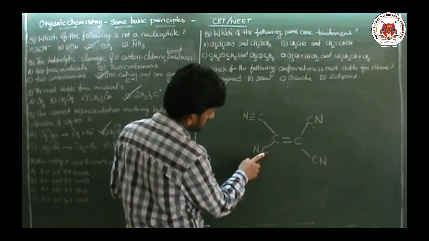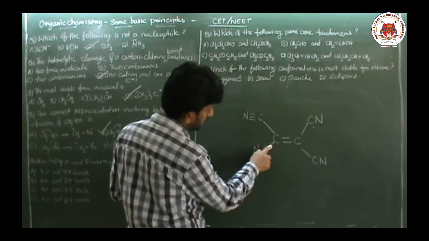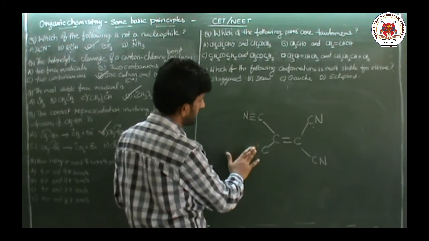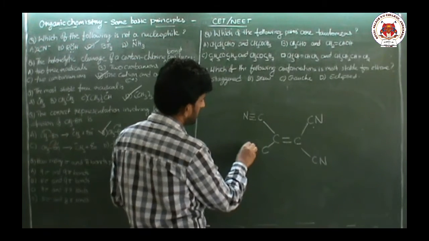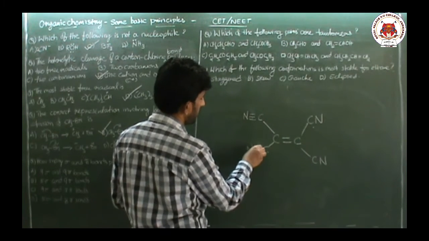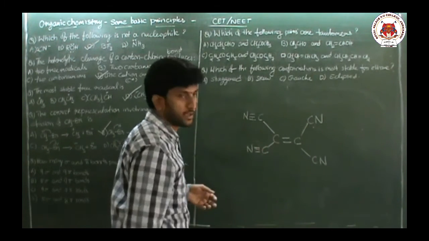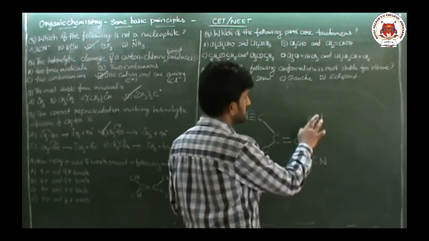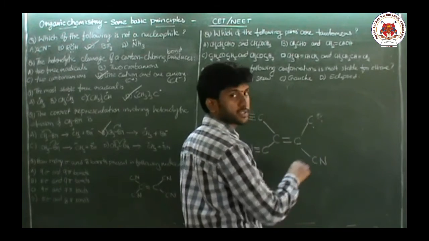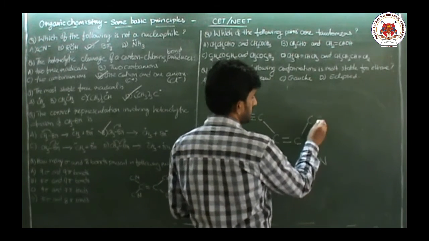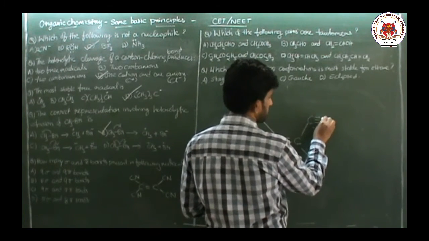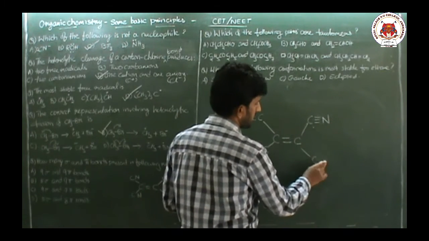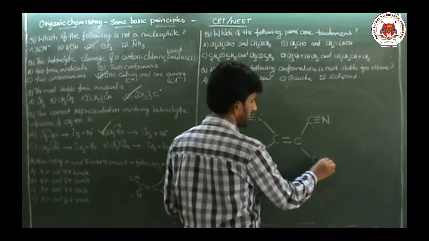Similarly for each of the other cyanide carbons, the remaining 3 bonds are with the nitrogen.